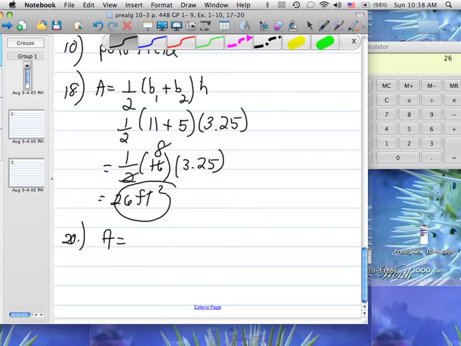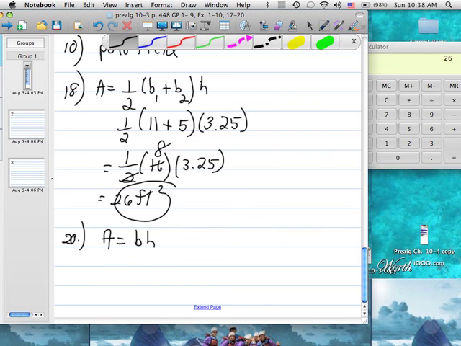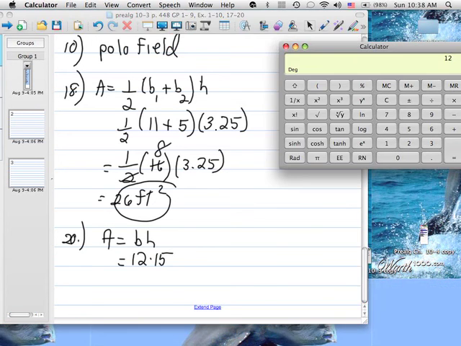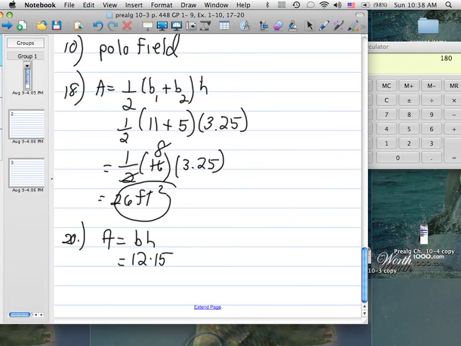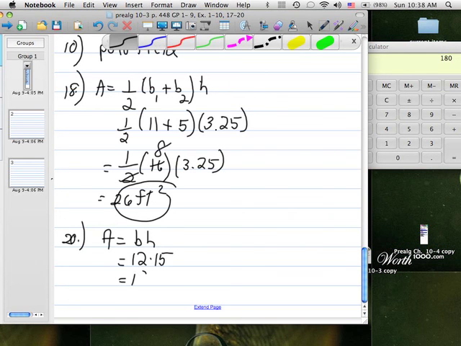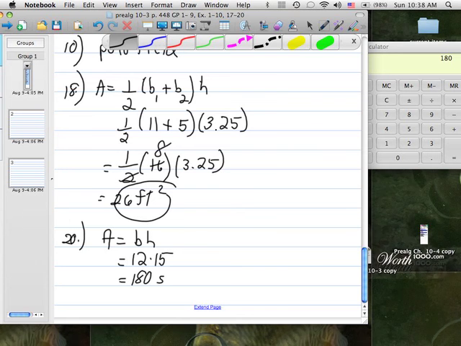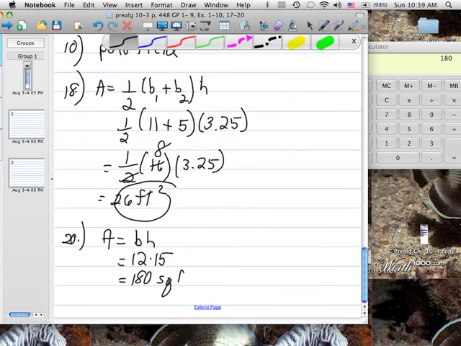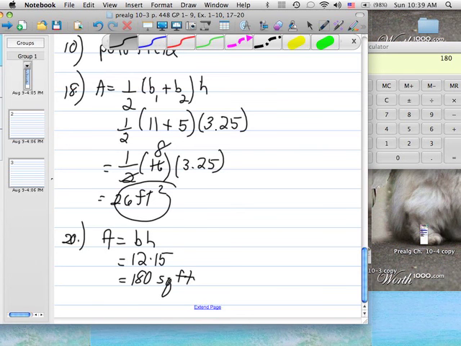So area equals base times height, or length times width. So it's 12 times 15, and 12 times 15 is 180. So it's 180 square feet. And the cost is per square yard.